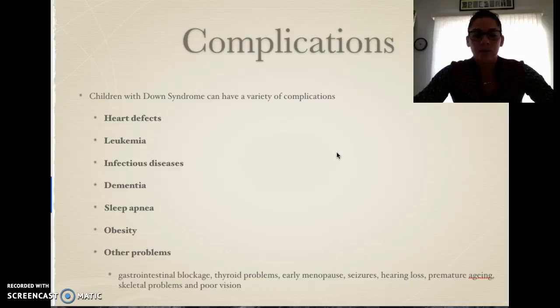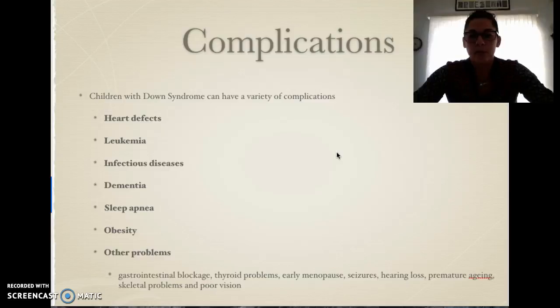For students, this can affect them in being tired and lethargic. Alternatively, this may result in hyperactivity. Other problems: gastrointestinal blockage, thyroid problems, early menopause, seizures, hearing loss, skeletal problems, etc.